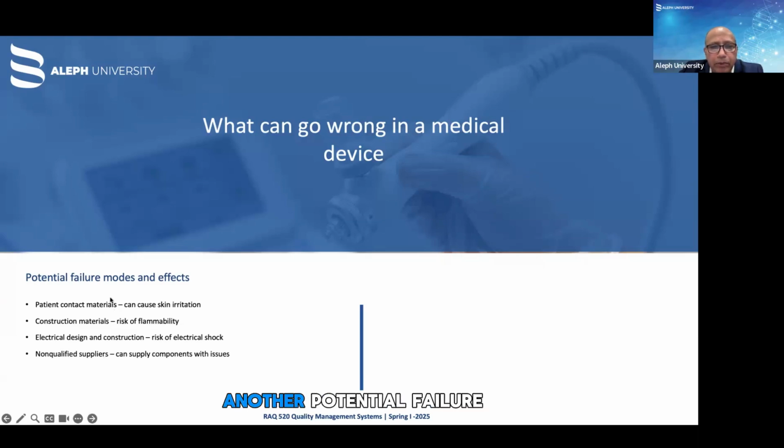Also, there is another potential failure mode, which is having non-qualified suppliers. The problem when we work with component suppliers is that if they don't have a good quality management system, they have issues supplying their components on time with the same specifications. They might change the specifications and probably not tell the client.